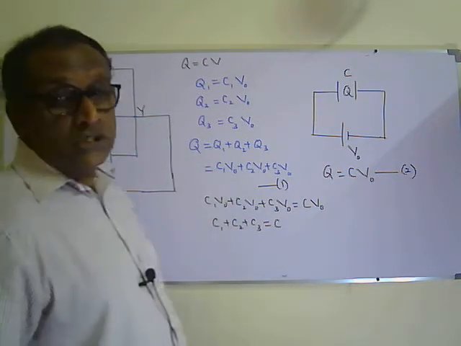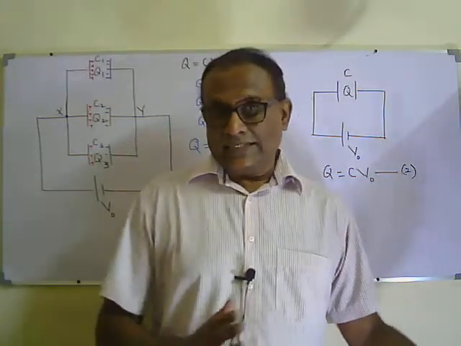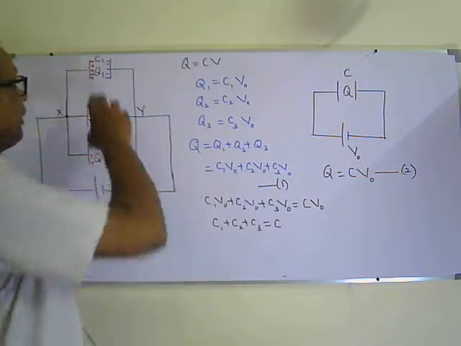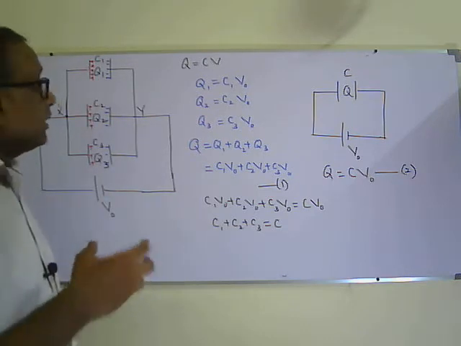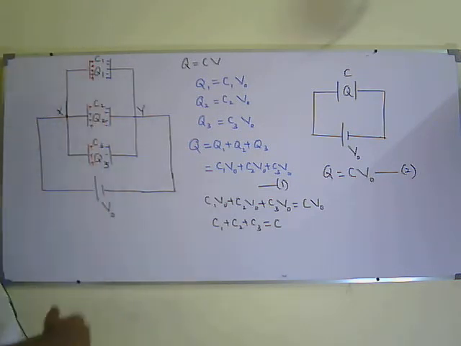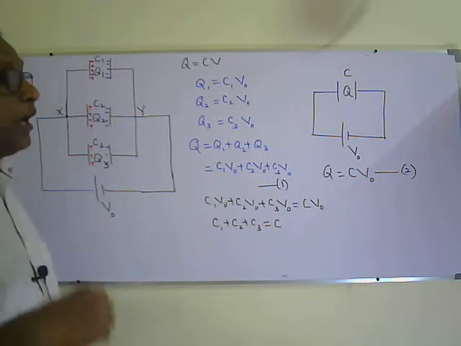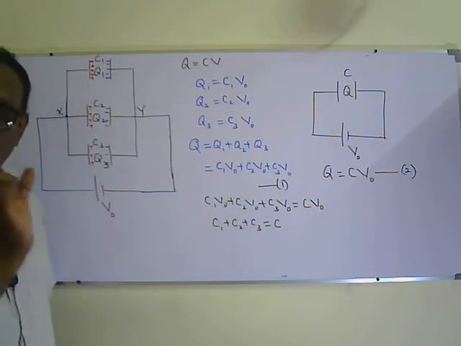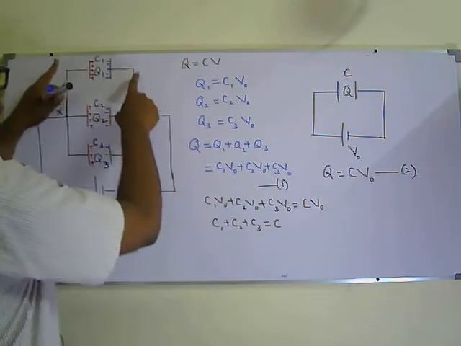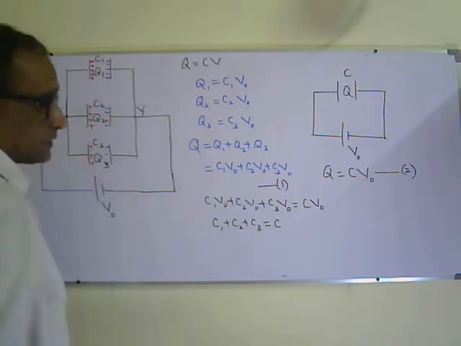So you must know the properties of parallel connection. When capacitors are connected in parallel, they will carry different magnitudes of charges, but the voltage across them will be the same, which is equal to the voltage across the junction.